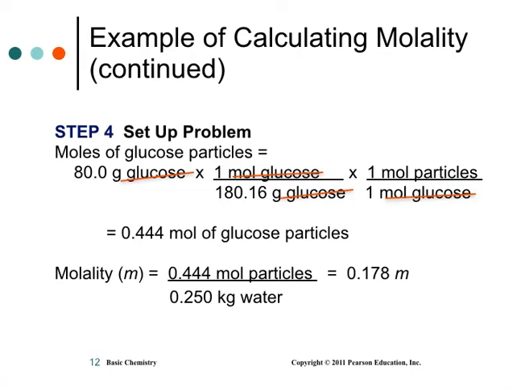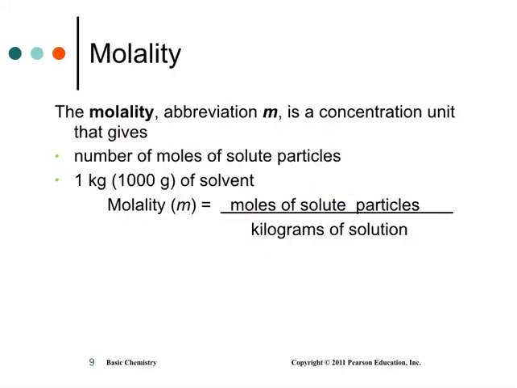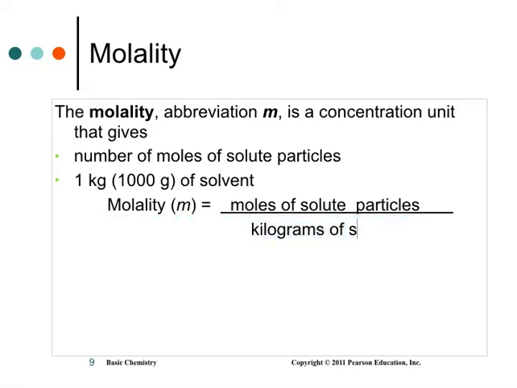So we're going to have 0.44 moles, and you're going to have a kilogram of the solvent. Let's go back because I think there was a mistake here. This is a mistake, okay, and I will fix it. Okay, this is kilograms of solvent. I wrote it wrong. I'm sorry. Let me show you why that's important.